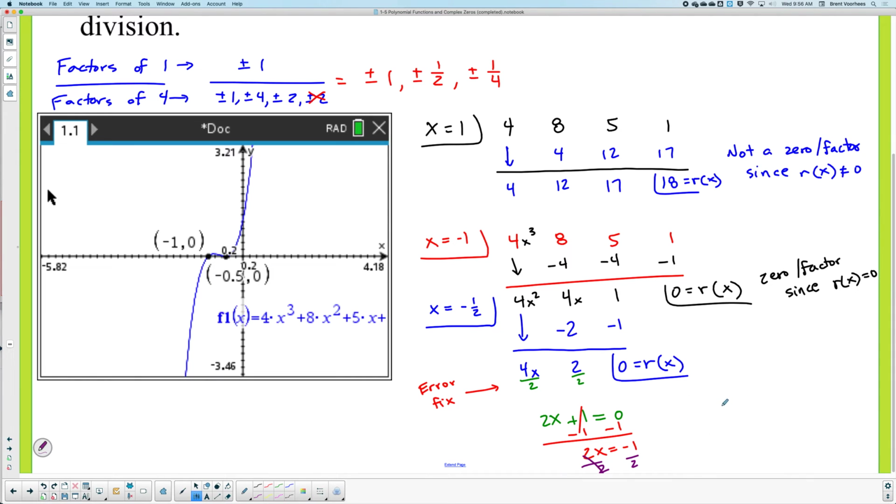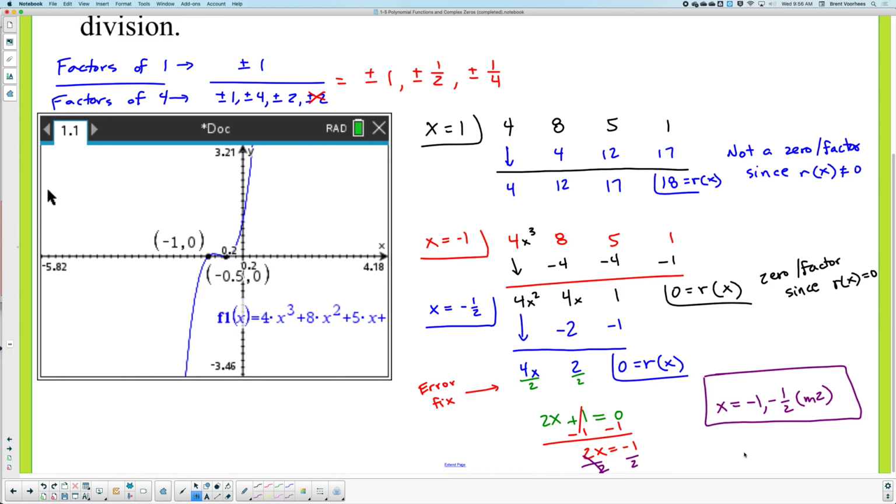So if we wrote out all of our zeros, we have -1 and we have -1/2 twice. So what do you do if you have it twice? Put m2 in parentheses. m2 means it happens 2 times. Would it be possible to have an M3? Oh yeah, we're going to see in a second. You could have M7s, M8s, M9s.